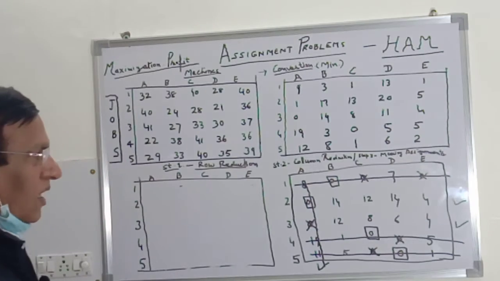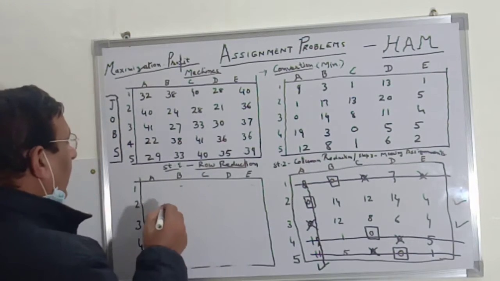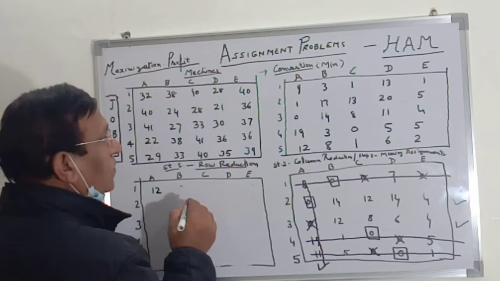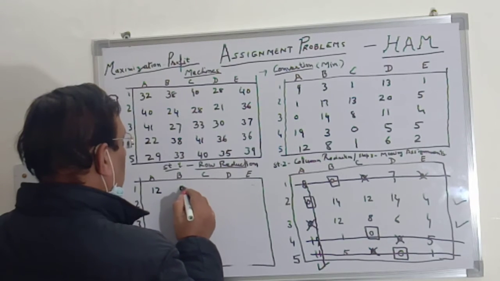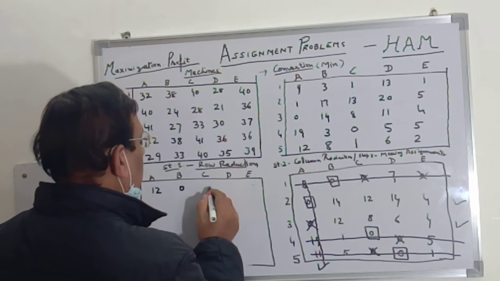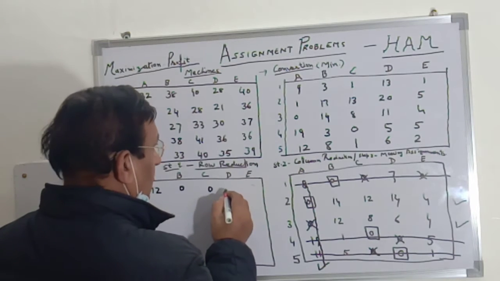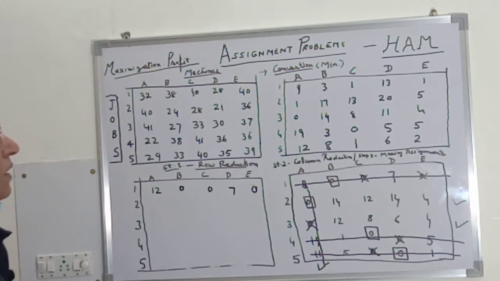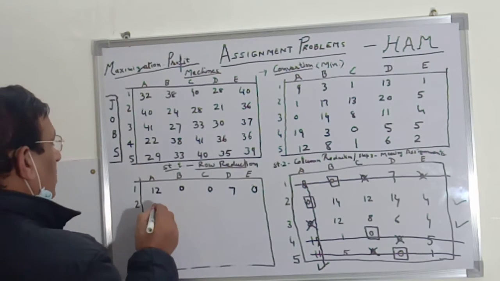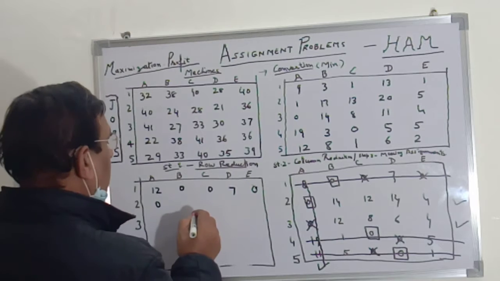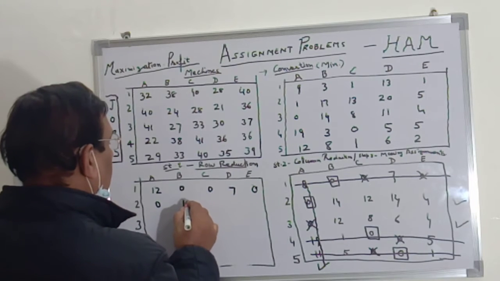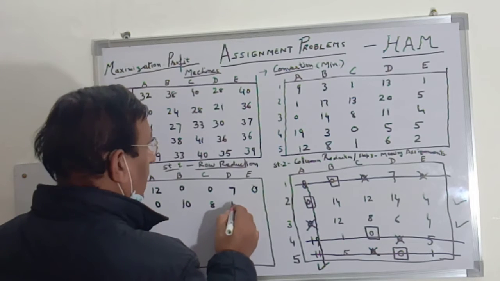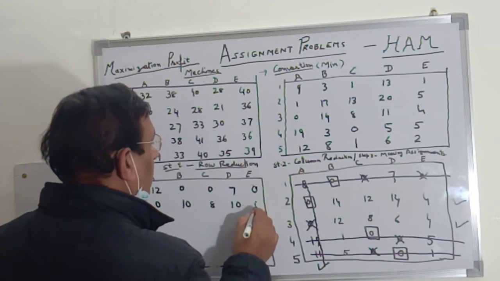Now start your process. 8 is at the intersection of two lines. It will become 12, 8 plus 4. This is 0. This is 0. 7. Again 0. Second row, 0 is simply there. 10. 8. 10. 0.